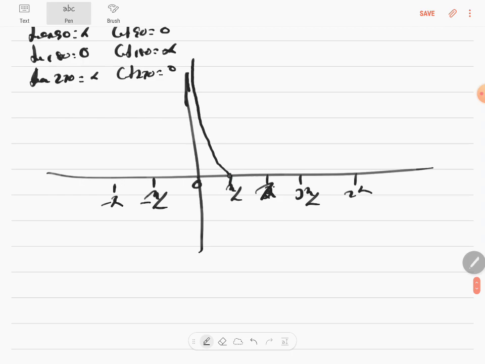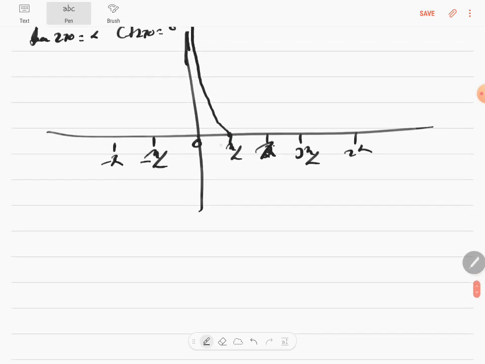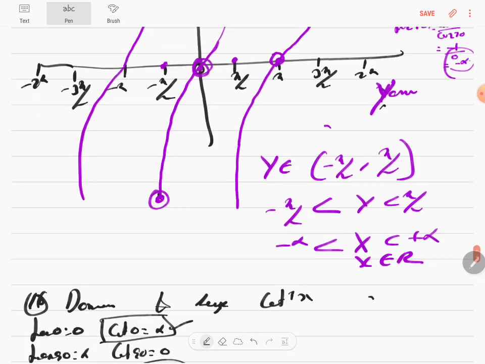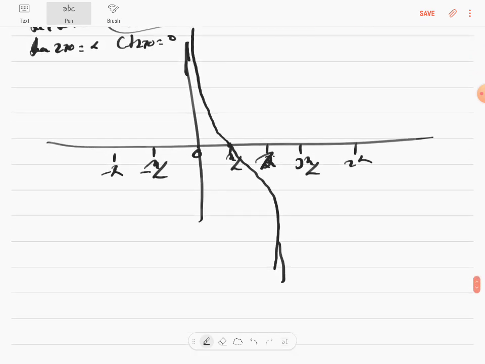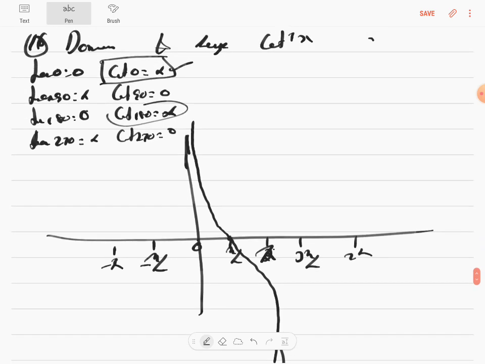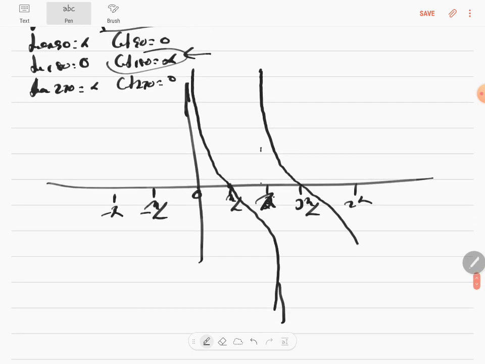And you know at cot 180 it's becoming infinity. So then continue to do like this, just the mirror image of what we did. We did it from right to left, now doing it from left to right. And you just have to continue this pattern as I told you. At 180 it is infinity. At 3 pi by 2 it gets to 0. And then you have to follow this kind of pattern. Very simple.